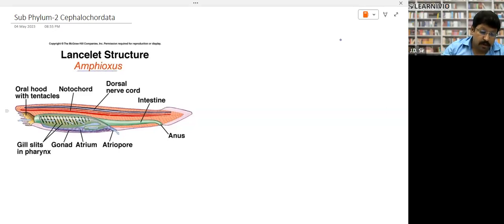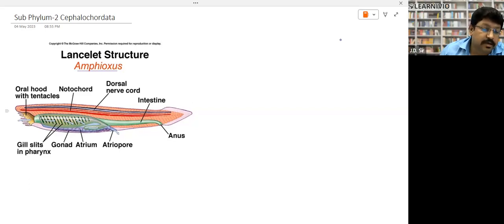Amphioxus. You can see this is the dorsal nerve cord. The nerve cord travels from head to the tail. In Urochordata, in Herdmania, we have seen the nerve cord is present only in the larva, and when the larva develops into the young one, it disappears. So this is better and more advanced. Here you can see the nerve cord runs from head to the tail.